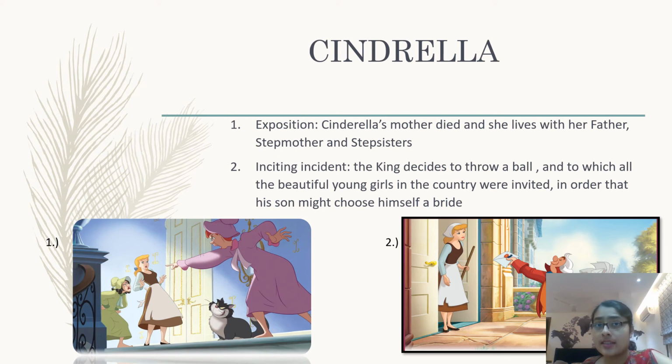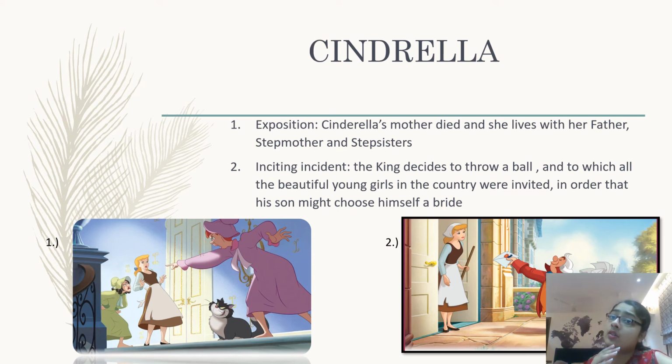The next point is the inciting incident. The inciting incident in Cinderella's story was that the king decides to throw a ball, to which all the young girls in the country are invited, so that the prince might choose a bride. So this is the inciting incident, that the king decides to invite every young girl to the ball. Now, why is this the inciting incident? As I told you before, the inciting incident is one that causes your story to happen.